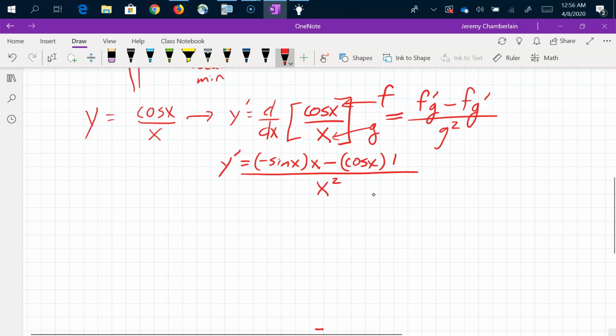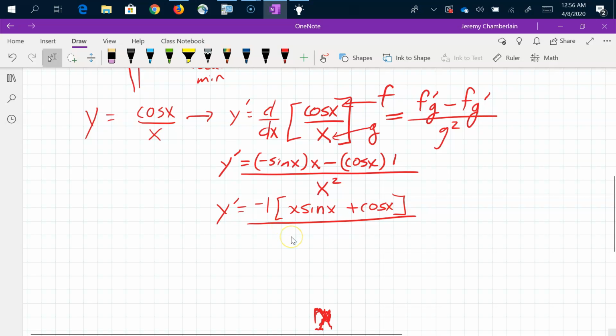I have a negative here in the first term, and a negative here, so I can factor out the negative sign. That makes things a little bit easier here. Okay, so there's my derivative.